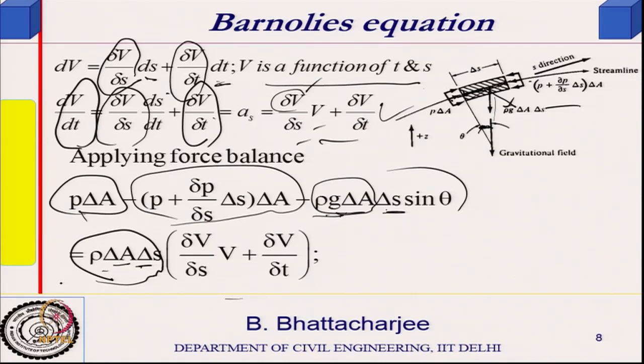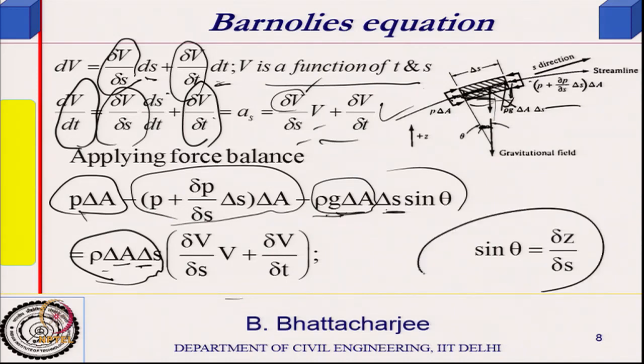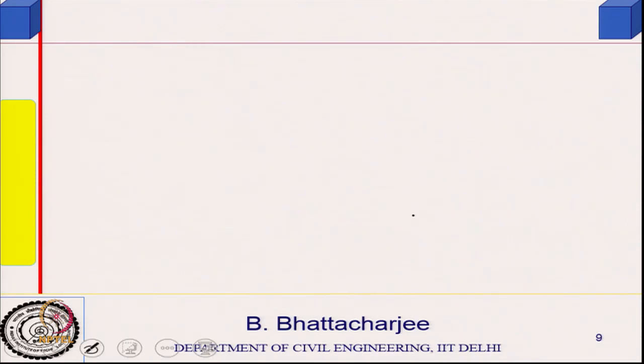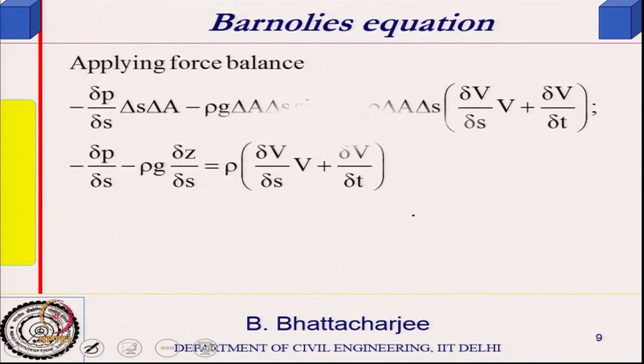If I do a little bit further, now sin theta can be simply written as dz by ds, if this is the height difference. So, I replace sin theta by dz by ds.